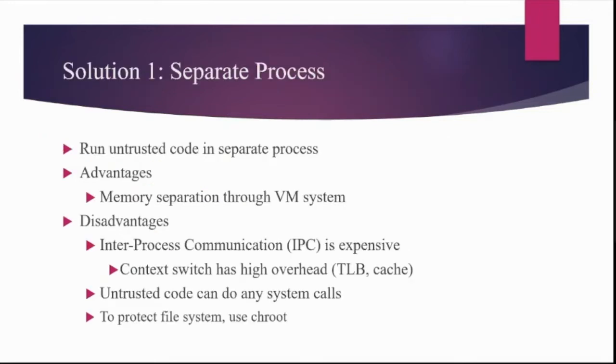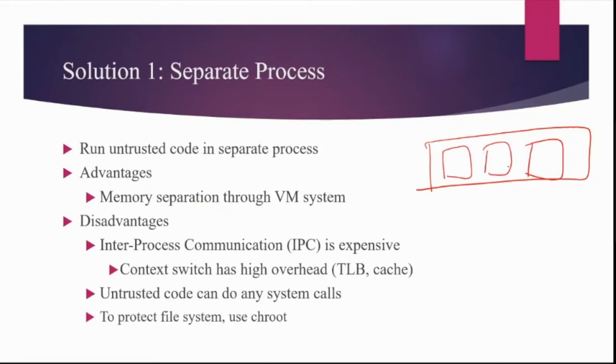One solution is to have a separate process or separate virtual machine for each and every untrusted code. So you run untrusted code in separate processes. Suppose there is an application that has many untrusted codes, let's say three.